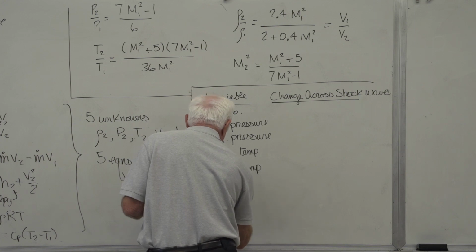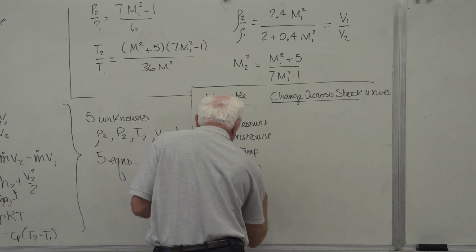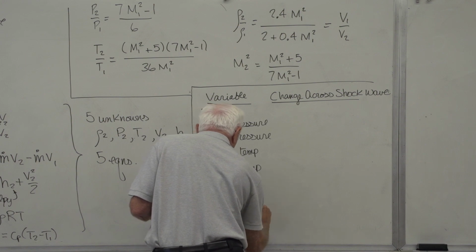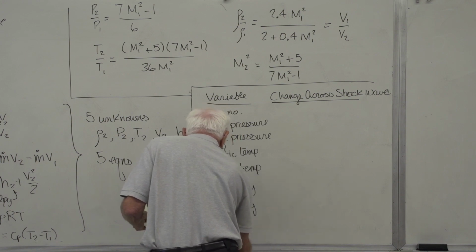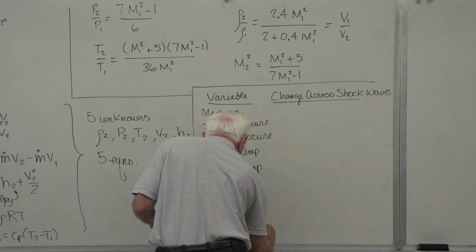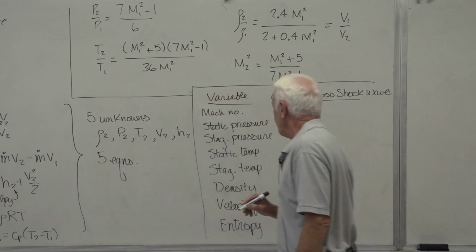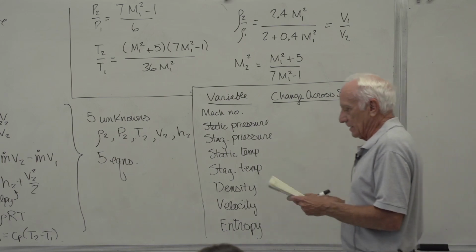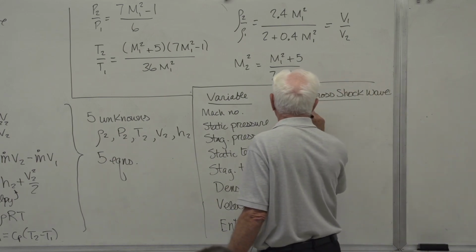Density. Velocity. Entropy. Those are all the properties we're typically interested in, and the velocity and Mach number. Okay, here's what happens across the shock wave. Change across the shock wave.